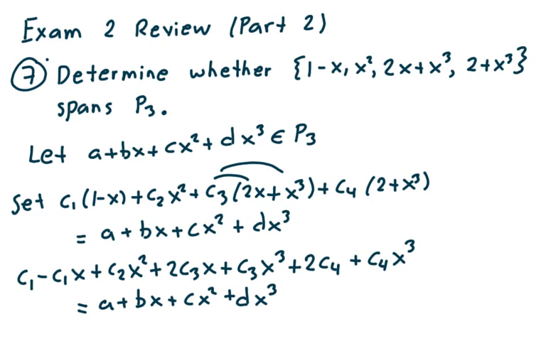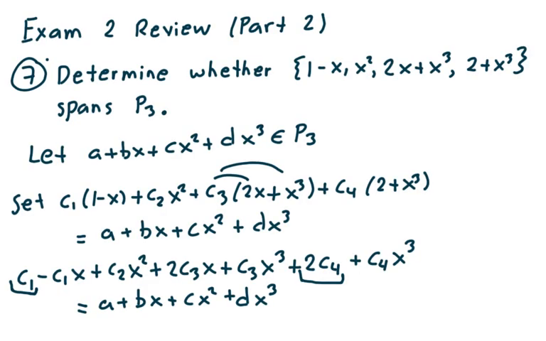Now you want to attack this very, very systematically. So I'm going to collect the terms that are constant, the x terms, the x squared terms, if there are any, and the x cubed terms. Notice how I see a c1 and a 2c4.